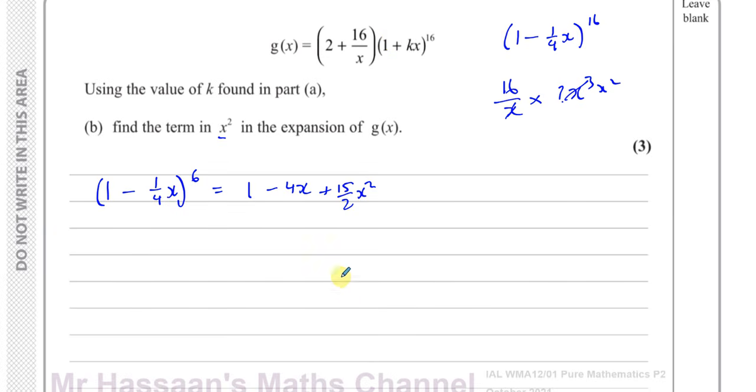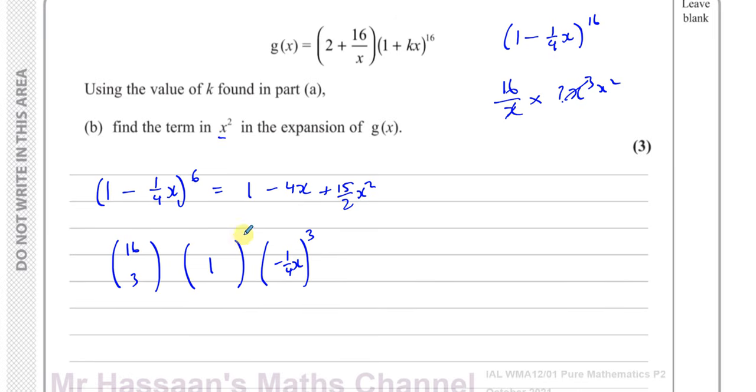The x cubed term is going to be that fourth term. So it's going to be 16 C 3, times 1 to the power of 13, times minus a quarter x to the power of 3.